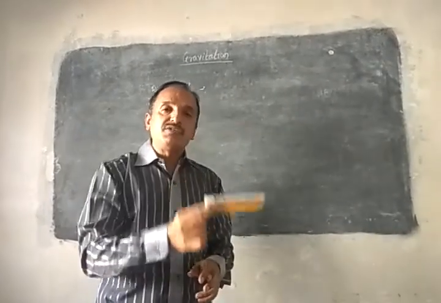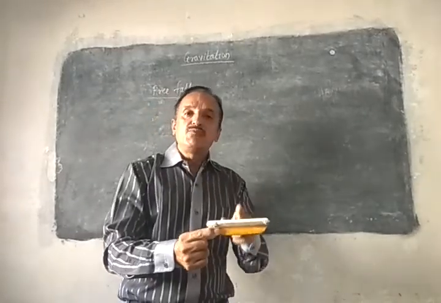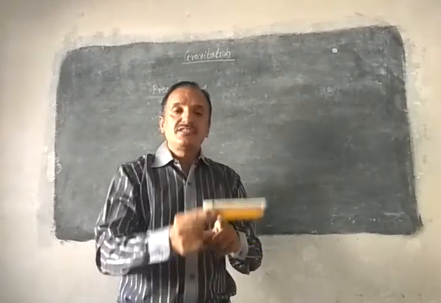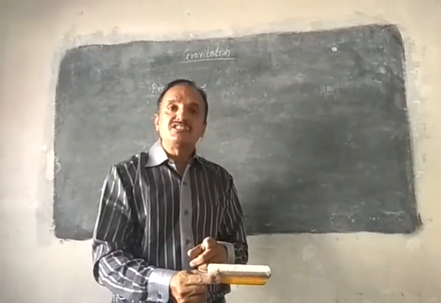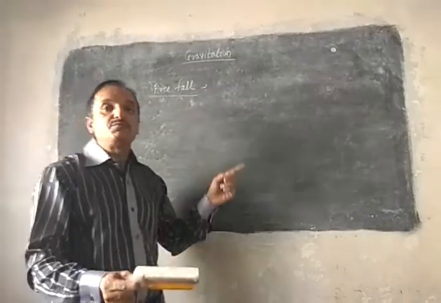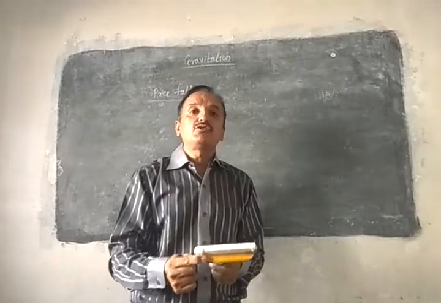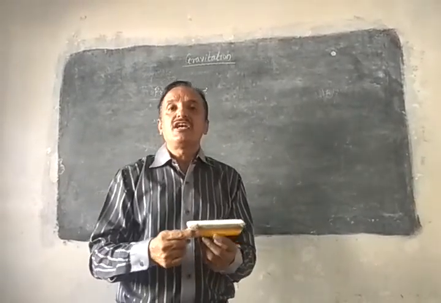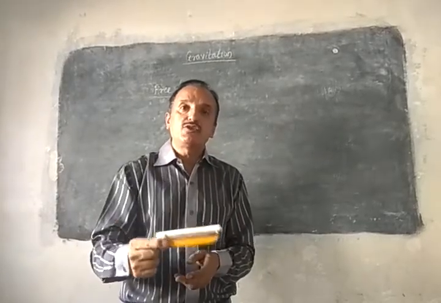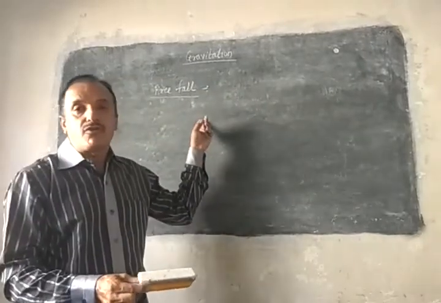So when any object moves vertically downwards under the influence of gravitational force alone, that falling of the object is free fall. Any object that falls vertically downwards under the influence of gravity alone is in free fall.